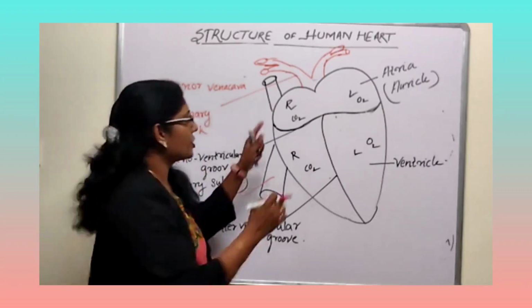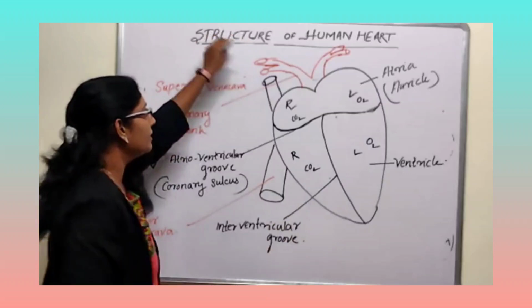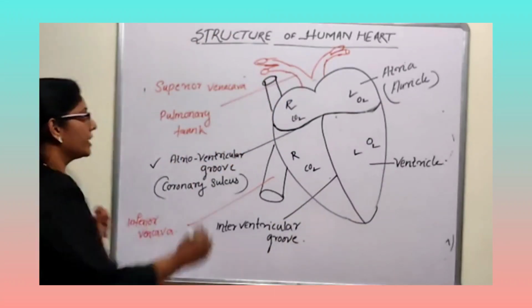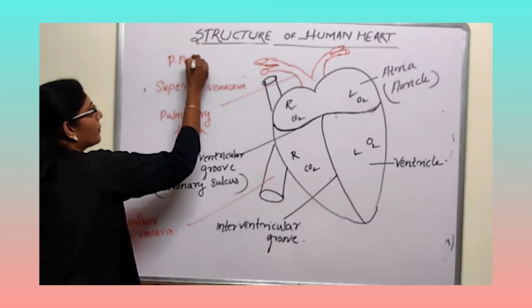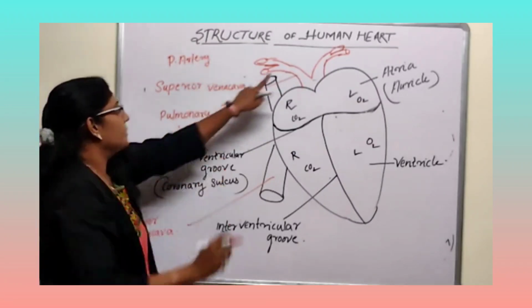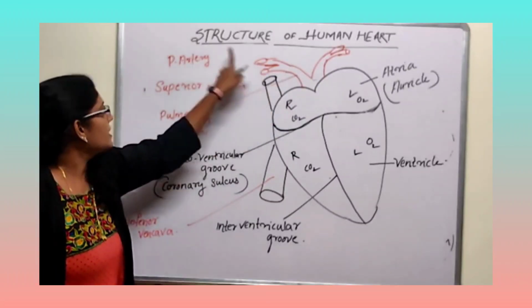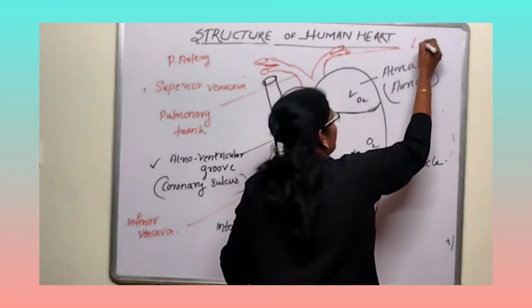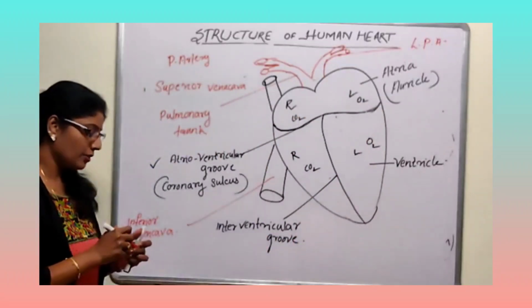This pulmonary trunk, you can see it is dividing into two branches. Each branch we call a pulmonary artery. This side, we already know, is the right side. So this is the right pulmonary artery and this one is the left pulmonary artery. Understood?